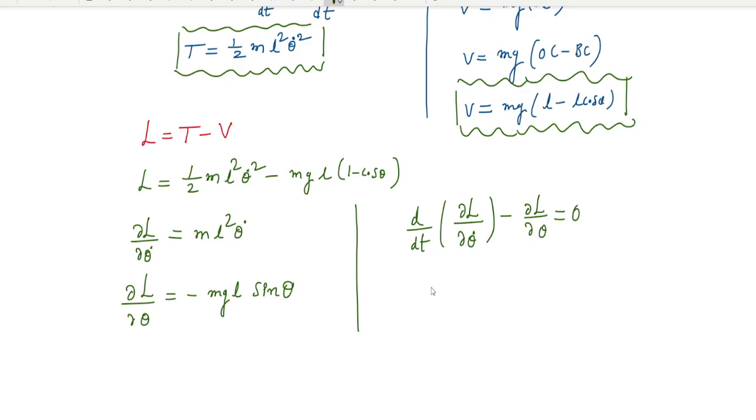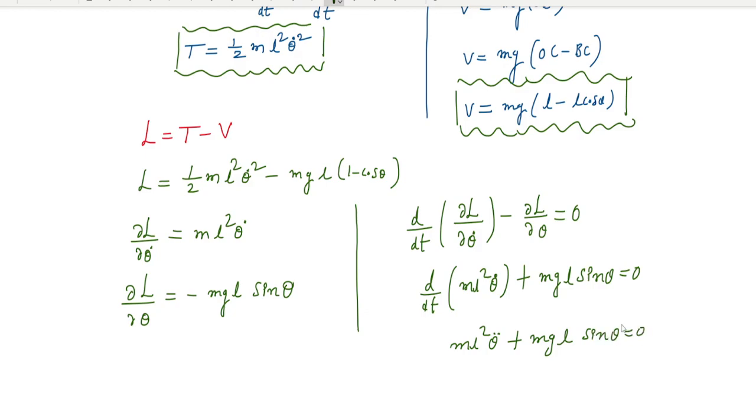So please substitute these values here. d by dt of m L square theta dot, minus into minus plus mgL sin theta equal to 0. Therefore m L square theta double dot, because d by dt is there, plus mgL sin theta equal to 0. So this is our equation of motion. Here the generalized coordinate is theta.